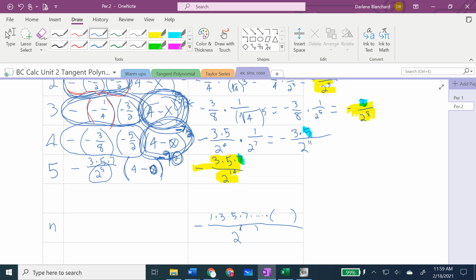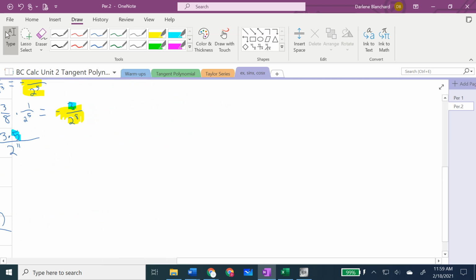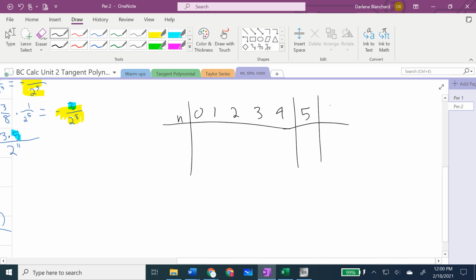Now, how do you force an odd number when you are working with these numbers? How do you make a number be odd?